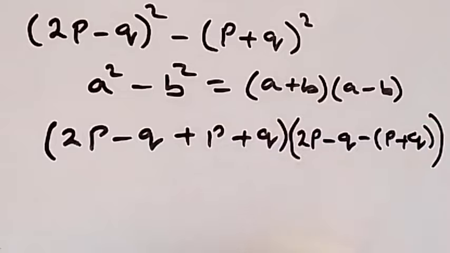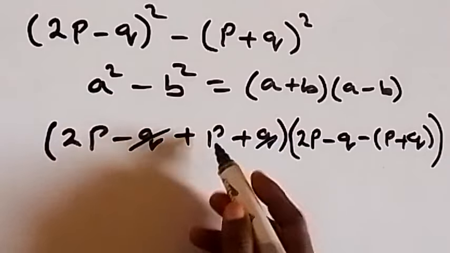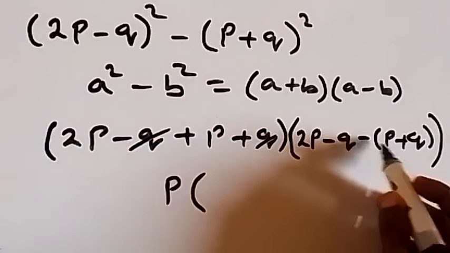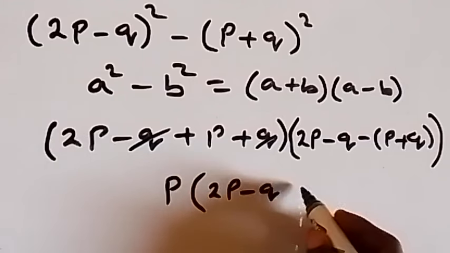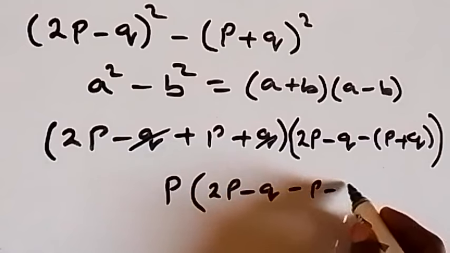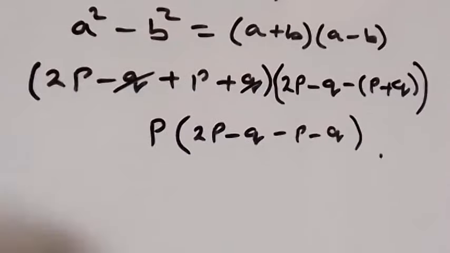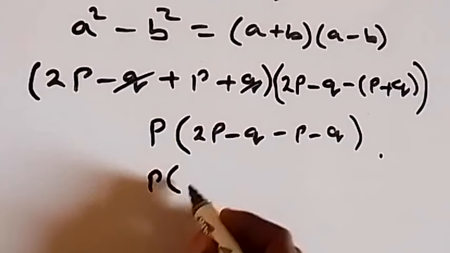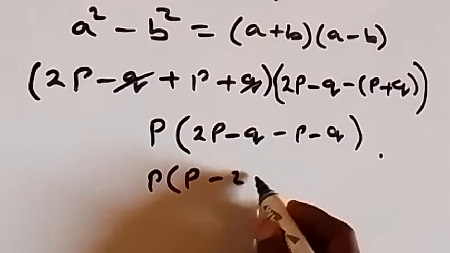From here, minus q plus q cancel out, then 2p plus p. In the second bracket, we have 2p minus q minus p minus q, and 2p minus p is just p.